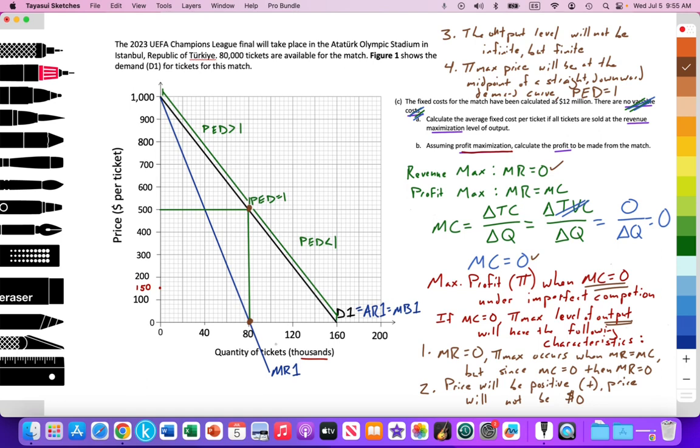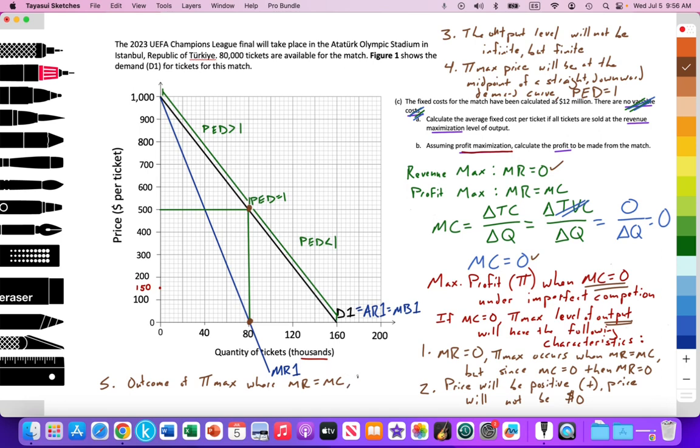And finally, one last point, point number 5, the outcome of profit maximization occurs where marginal revenue equals marginal cost.